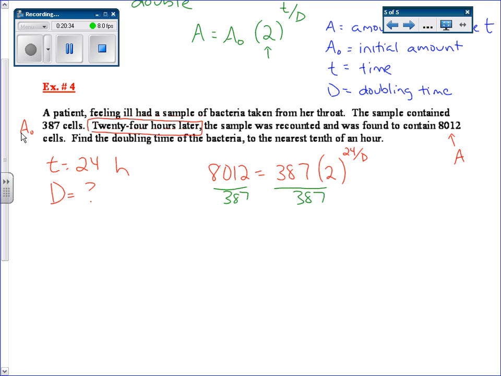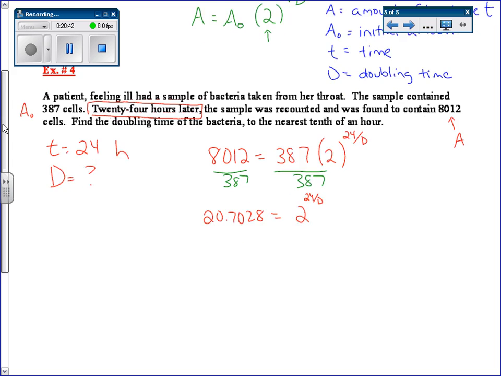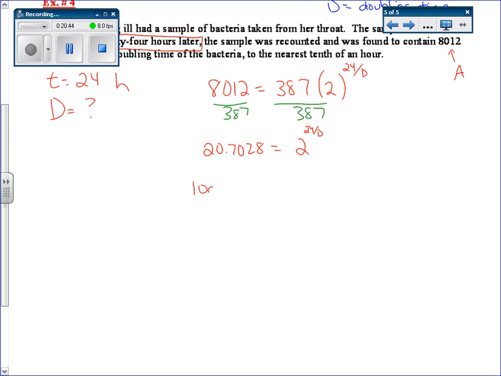So we get 20.7028 is equal to 2 to the power of 24 divided by d. We will change to logarithmic form. Log base 2 of 20.7028 is equal to 24 divided by d.